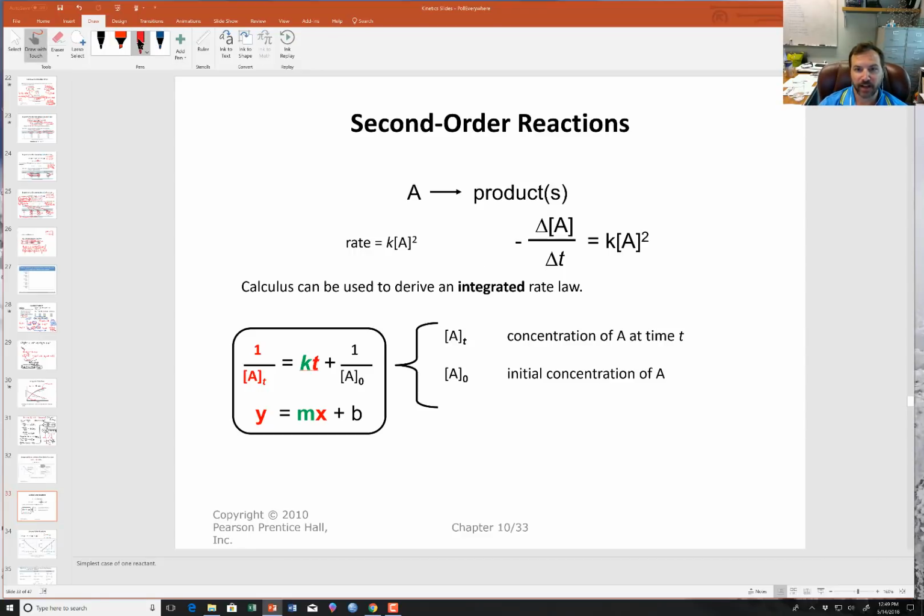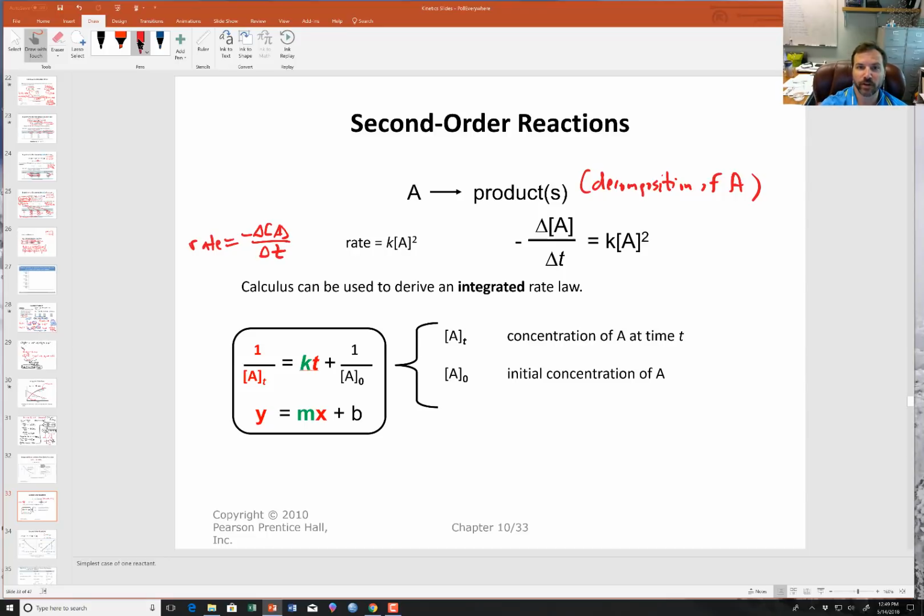So here we can see that now if we have A again decomposing, we would say now the rate equals, well, I'll write it over here. The rate would again equal minus change in concentration of A over change in time.